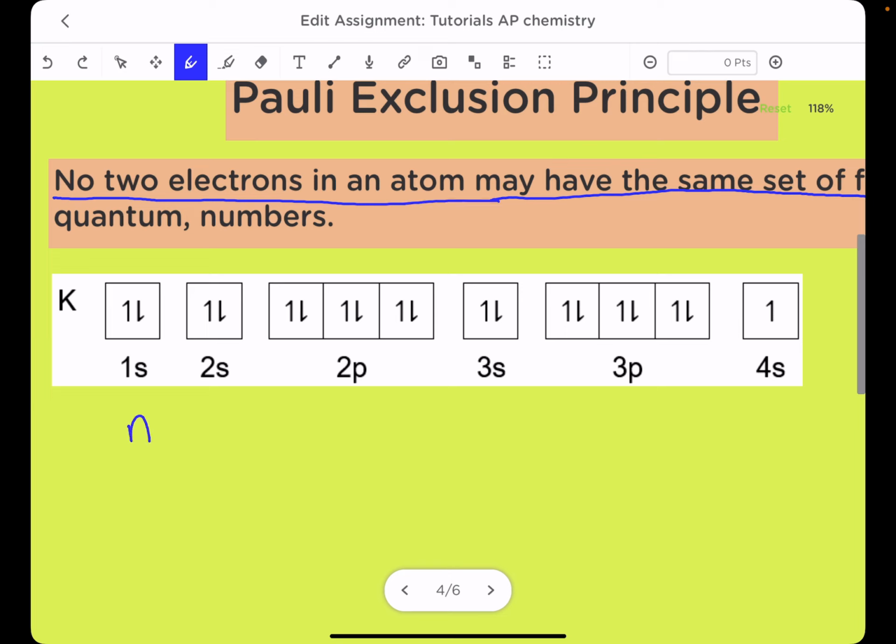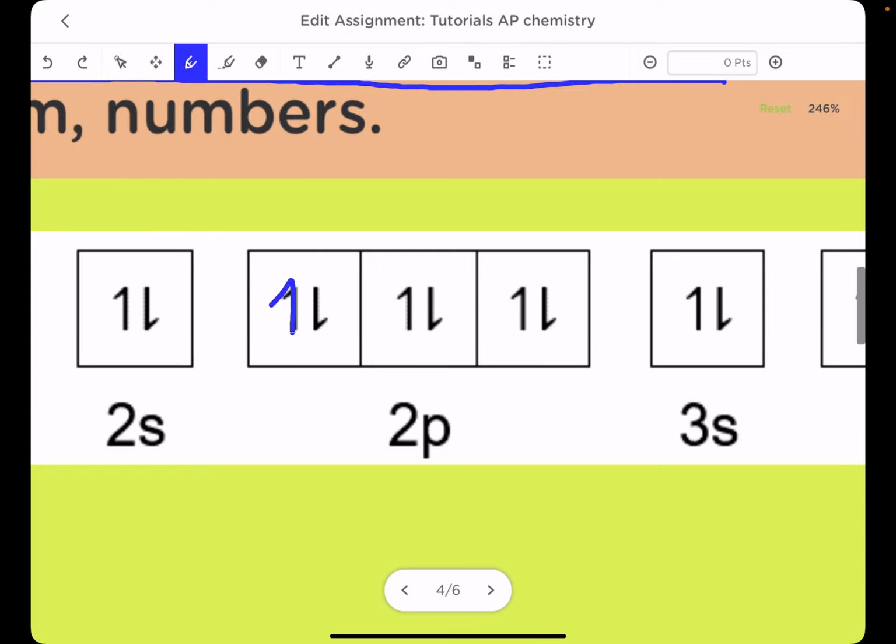The four quantum numbers are n, l, ml, and ms. n is the principal quantum number, so this is the energy level, the energy level occupied by the electron. For example, let's look at those two electrons over here.